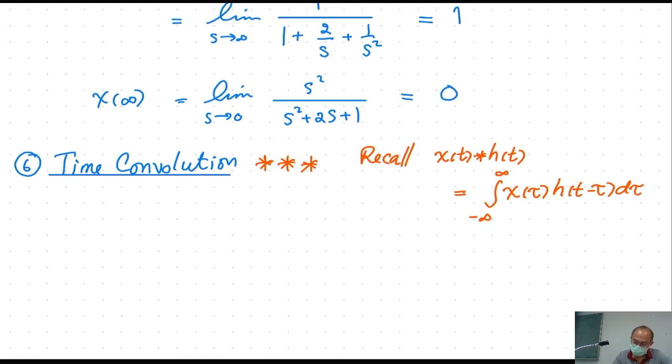Now, the good news is this. When we did chapter 2, we had to do this convolution. The good news is that we don't need to do all this integral. We could have done it in the s domain, and in the s domain, it is a lot easier.